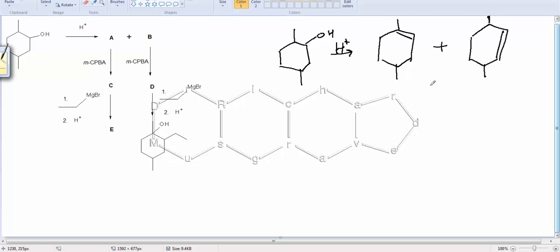Now presently I don't know which of these is A or B. I'm going to have to get some more information before I make that determination. So we've got our MCPBA and we're going to react both of these with MCPBA, so I'm just going to put that once here. And that's going to give us two epoxides, and those epoxides are going to look like this.